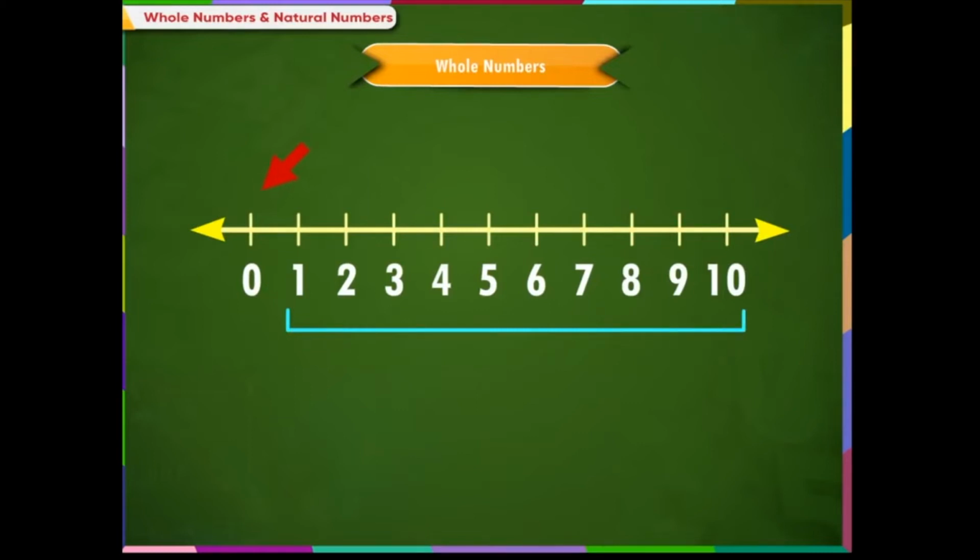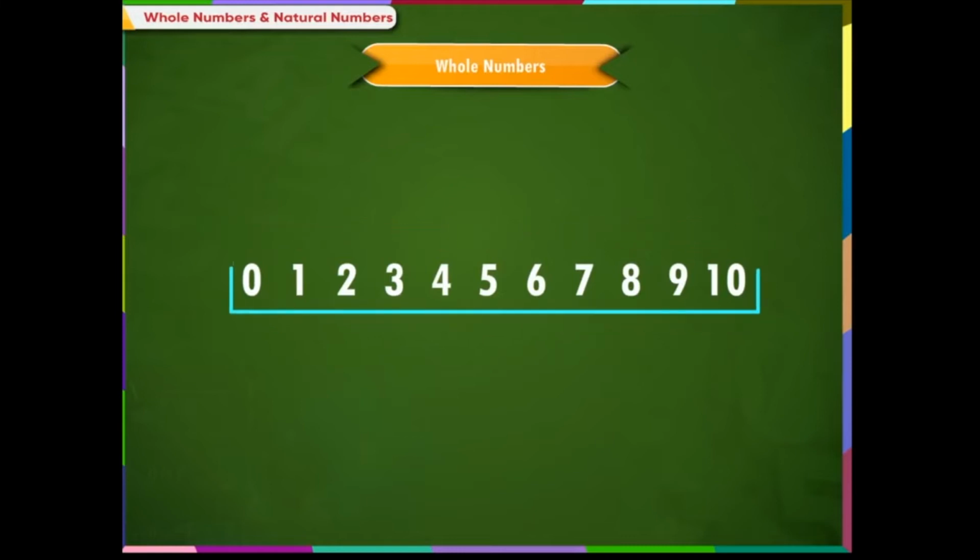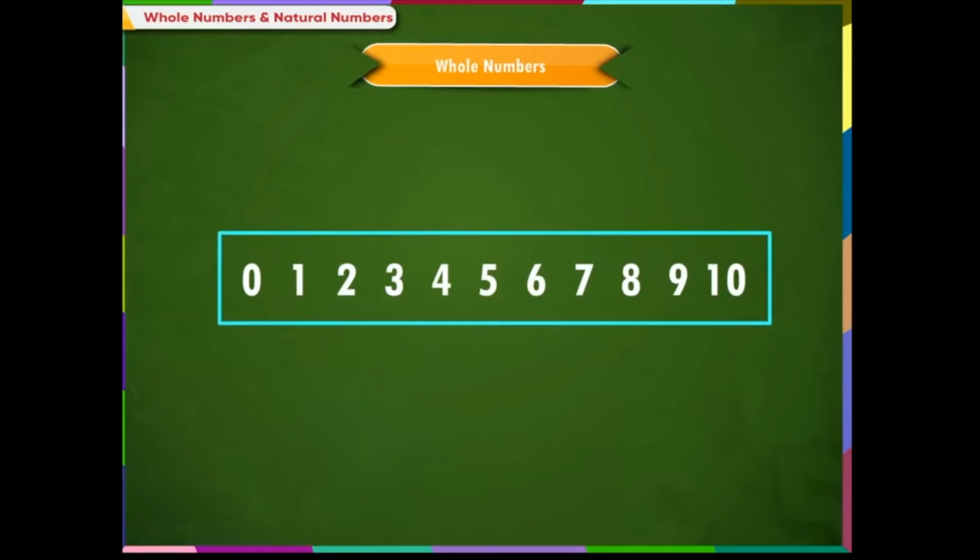0 is not a counting number, whereas the numbers 1, 2, 3, 4, 5, 6 and so on are counting numbers or natural numbers. So, the number 0 together with the collection of natural numbers are called whole numbers.